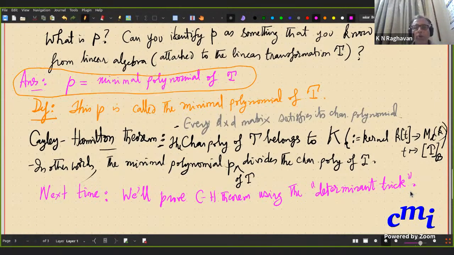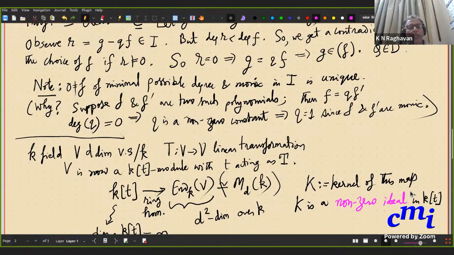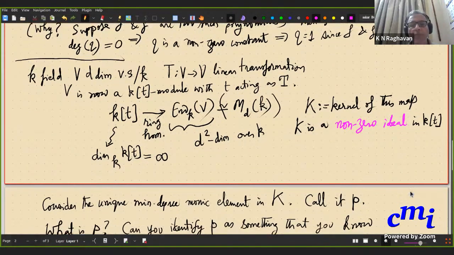So what we will do is prove the theorems of linear algebra, relate them to ring theory theorems and derive them as special cases. Ring theory comes in precisely because V has been made into a K[T] module.